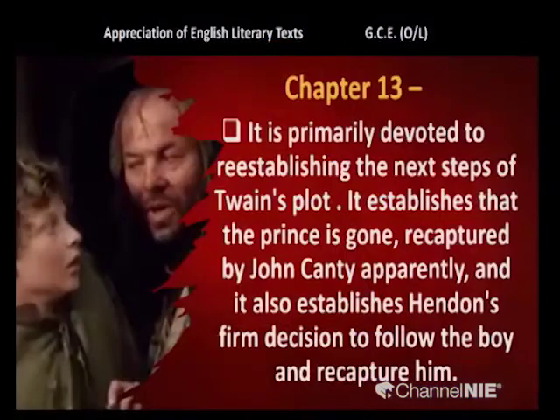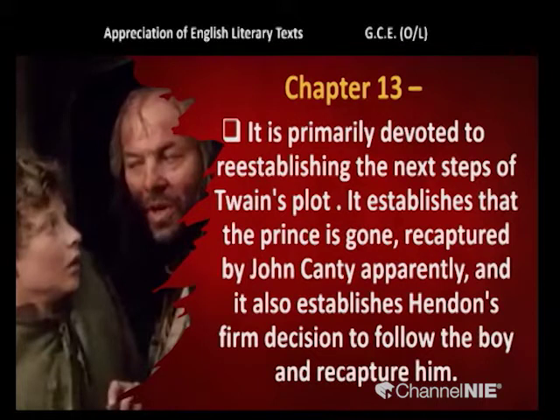So, in the picture you can see the last part of the story. There you find the real prince as the king, and Miles Hendon gets the chance to sit in the presence of the king.